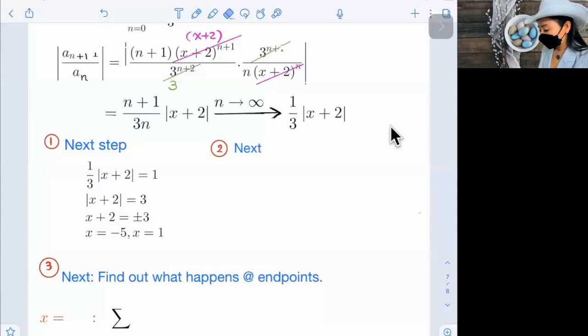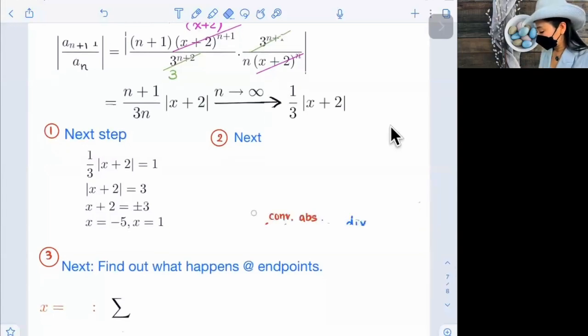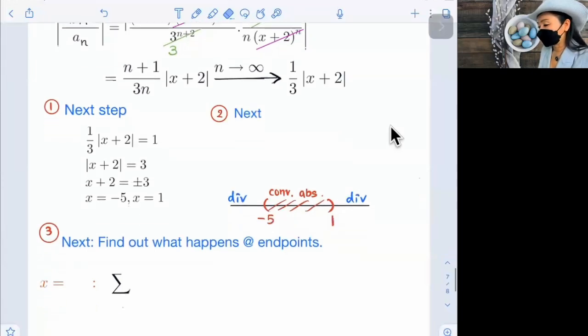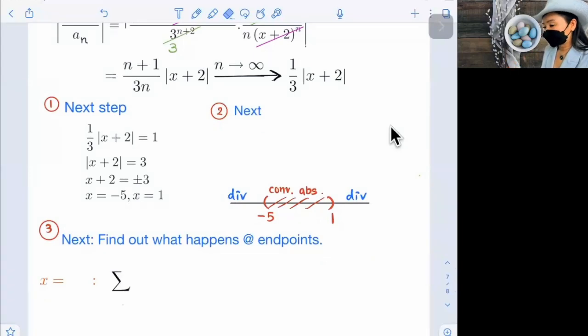And then the next thing here is you know that it's going to converge absolutely from -5 to 1, and then it's going to diverge outside, because the theorem says that if you have this, it's going to converge inside and diverge outside.